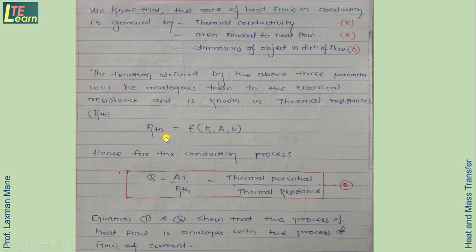So thermal resistance RTH is a function of K, thermal conductivity, A, area, and B, dimension. Hence for the conduction process we can write Q is equal to delta T divided by RTH, meaning thermal potential divided by thermal resistance. This equation shows that the process of heat flow is analogous with the process of flow of current.